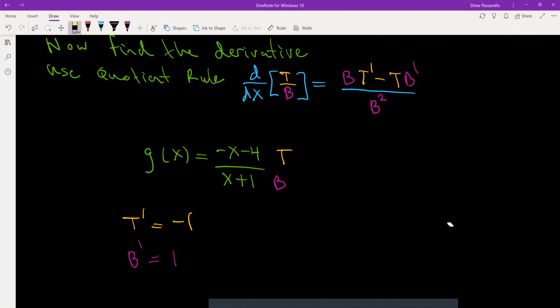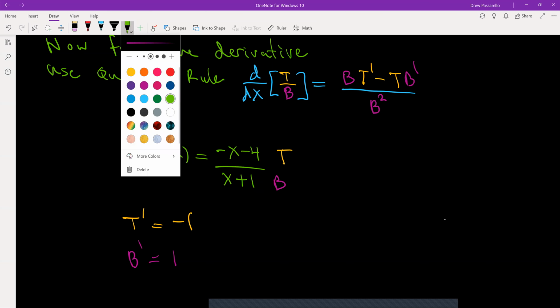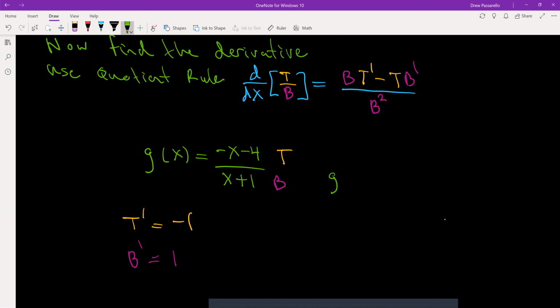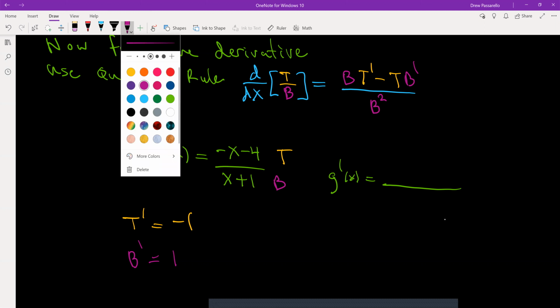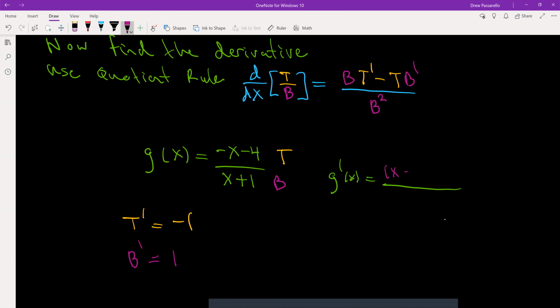So the derivative g prime of x is going to equal the bottom times the derivative of the top function. So the bottom function is x plus 1. Derivative of the top function is -1.